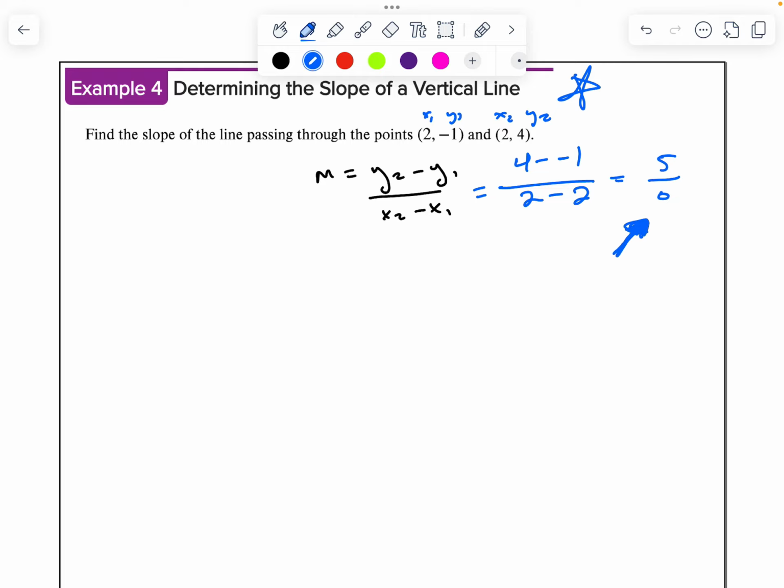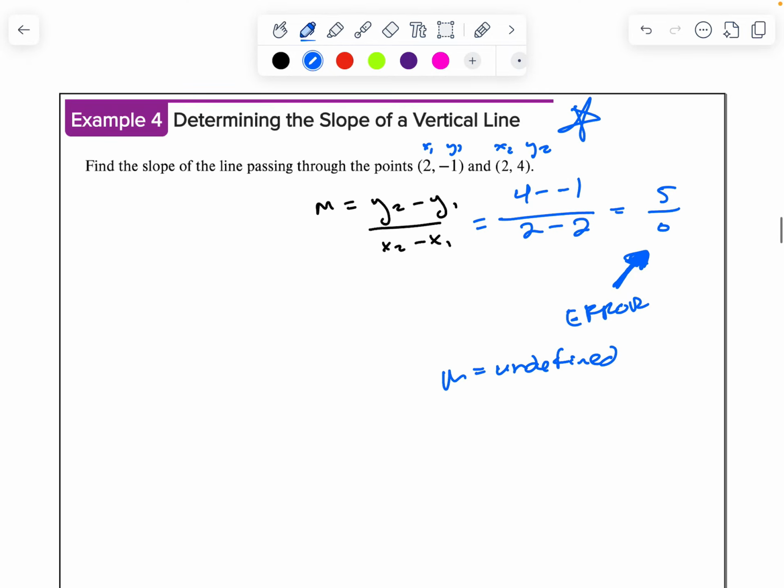If you type that in the calculator, negative 5 divided by 0, you get a domain error or a divide by 0 error. If the calculator tells you got an error, that means we have a slope of undefined. We can't divide by 0, right? That is the unbreakable rule in math. Our slope is undefined.